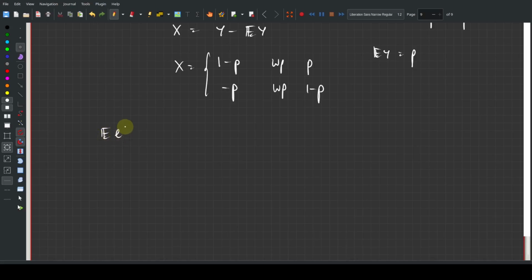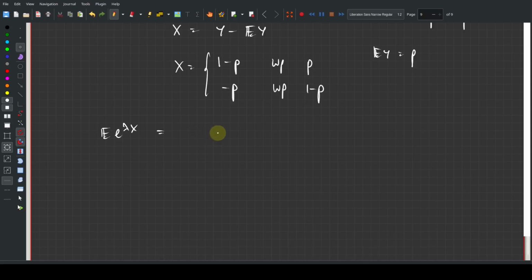Okay. What is the moment generating function equal to? Expectation of e to the lambda x for some lambda greater than 0. How many values does x take? 2 different values. So what would this be equal to?